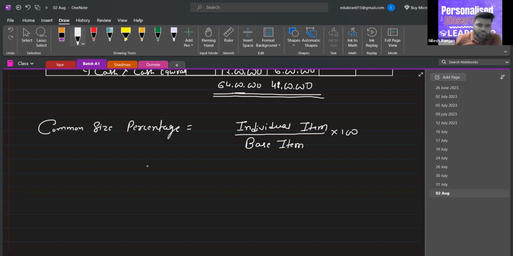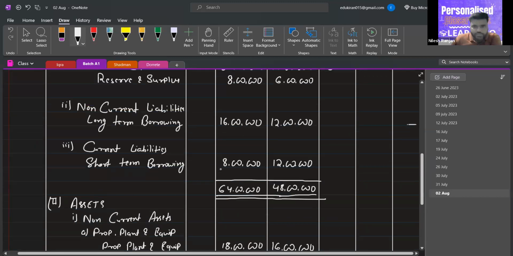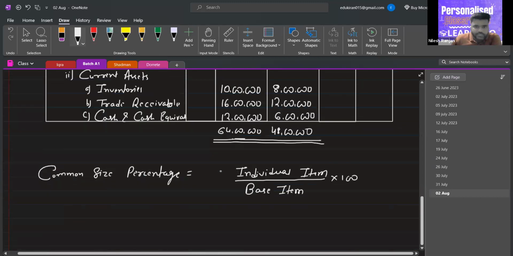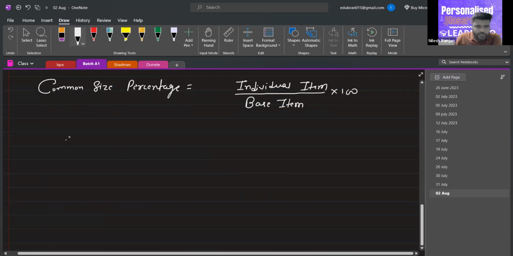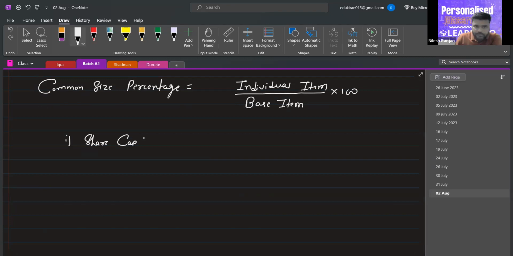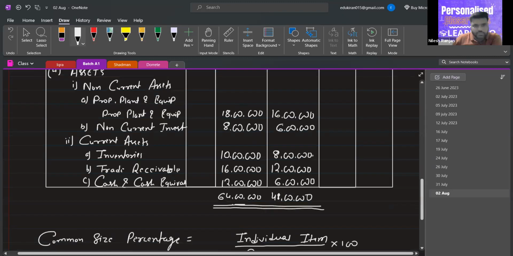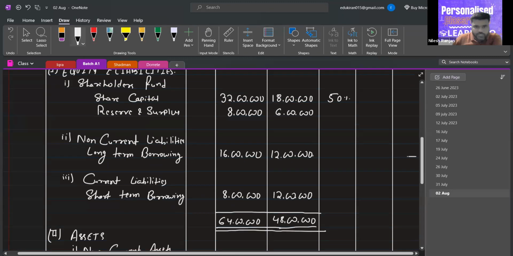You have to use this formula every time you calculate the percentage. So it will be like this. First, share capital: 32 lakh divided by 64 lakh into 100, so 50%. Now after that, reserve and surplus, it is 8 lakh.